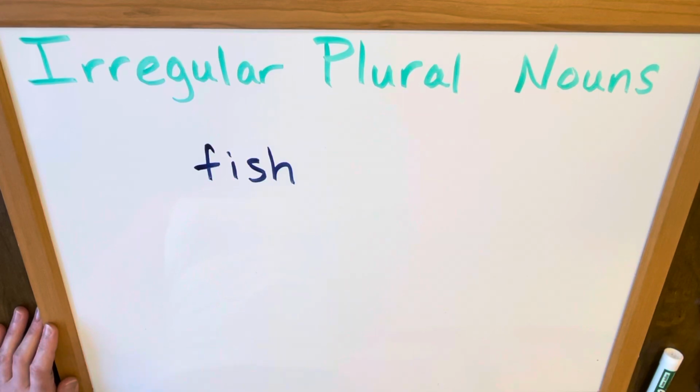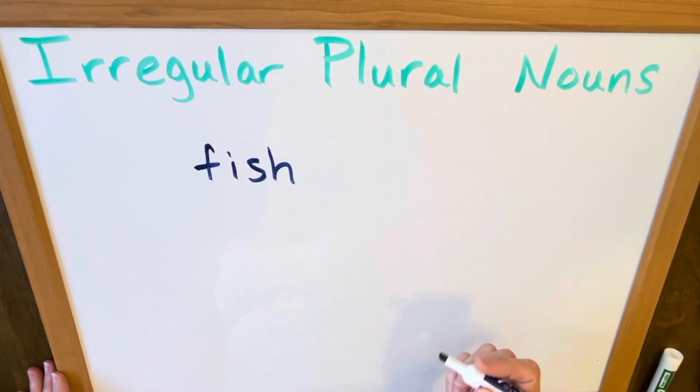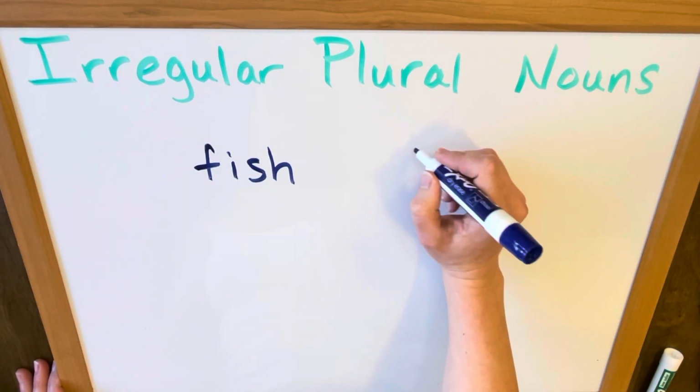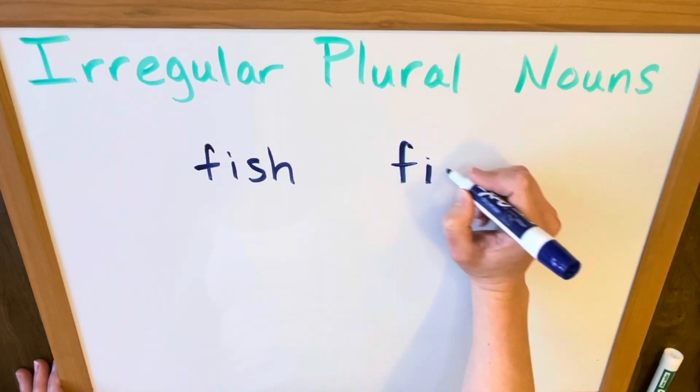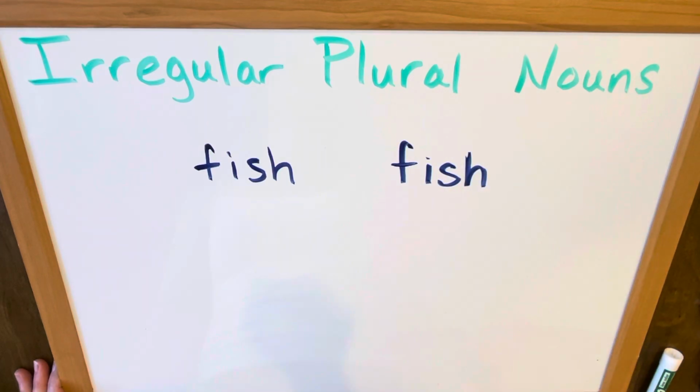But if I see more than one, if I have a whole tank full of many, I don't say fishes. Some of us want to say fishes, but that's not right. The plural of fish is fish. It stays the same. Okay, so I might have one fish or I might have 5 fish. Okay, so the singular and the plural stays the same.